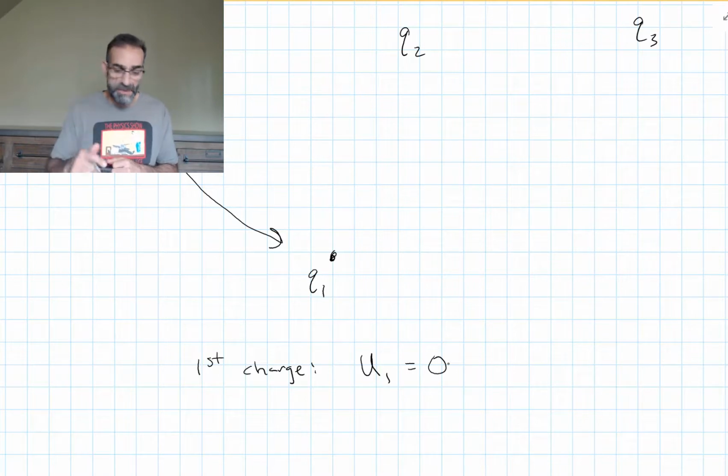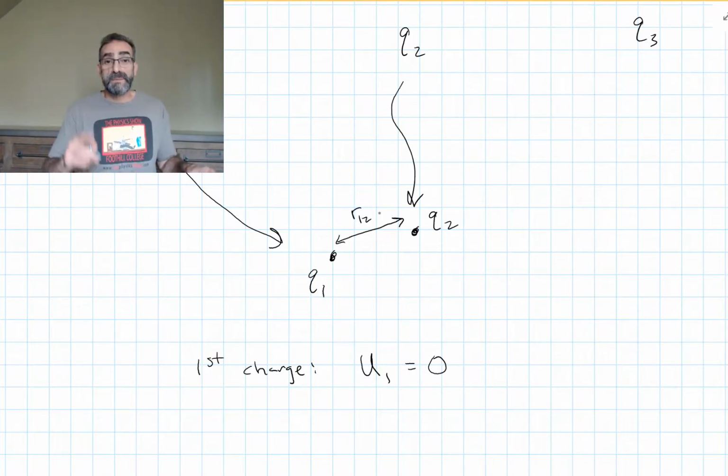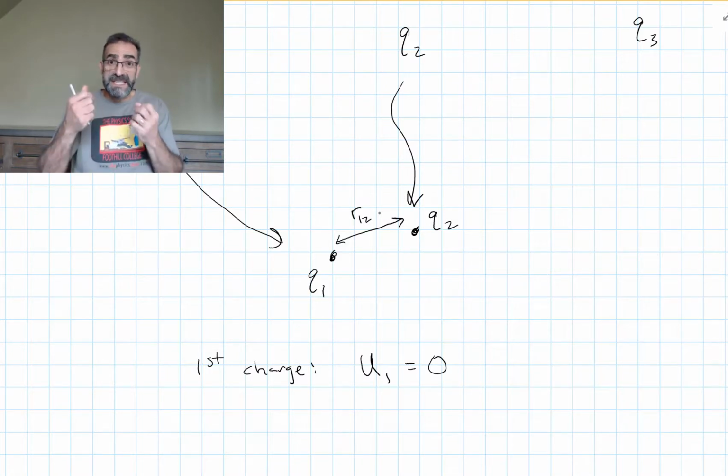Now let's bring Q2 in. We brought Q2 in, and it's a distance R12 away from the other charge. And this time we had to do a little bit of work because there's a charge there that's interacting with it. If they're the same sign, we had to do positive work.